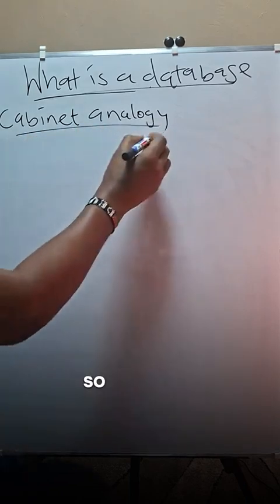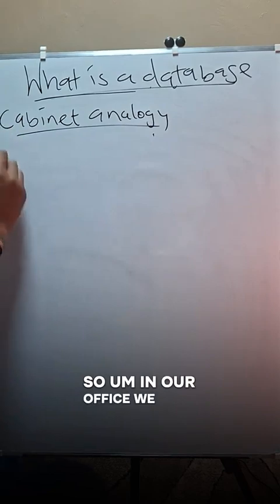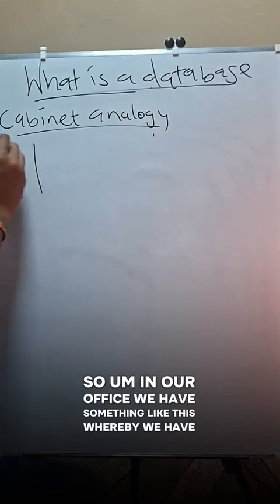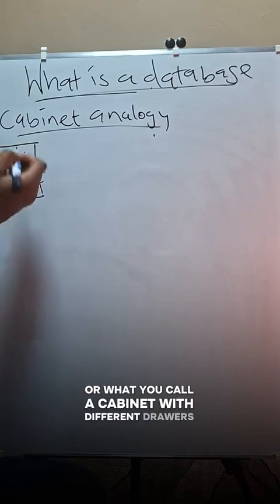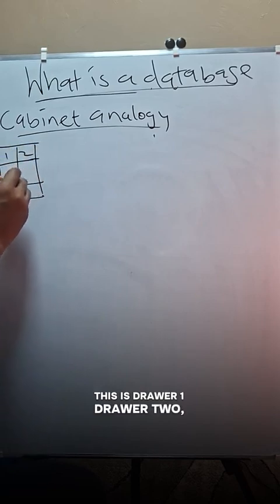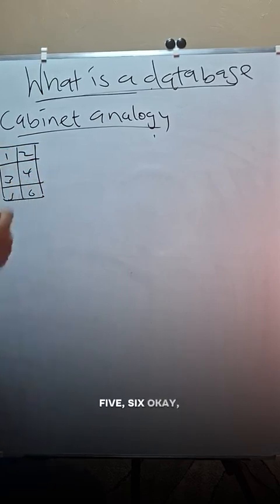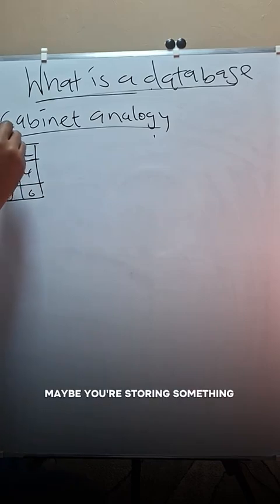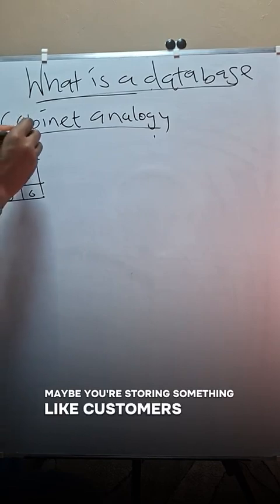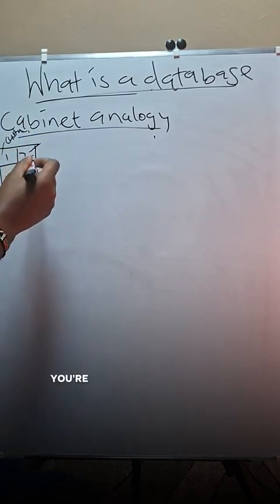In our office we have something like this, a cabinet with different drawers. This is drawer 1, drawer 2, 3, 4, 5, 6. In this drawer, maybe you're storing customer files.